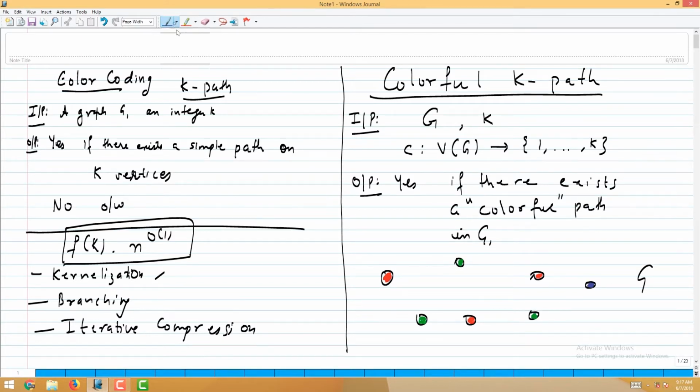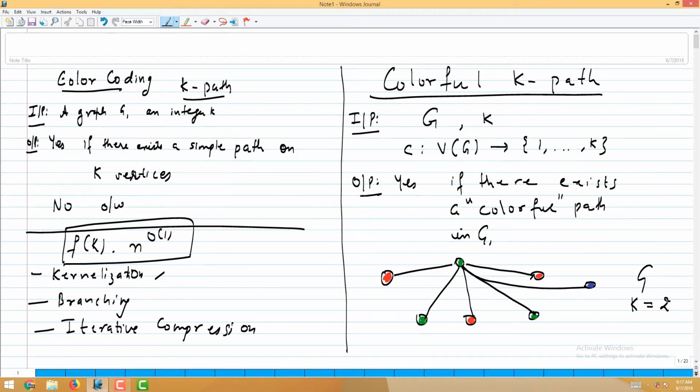And let's say the edges of the graph were of this form. This was the graph G in the input, and this was the coloring that I had done to the graph.